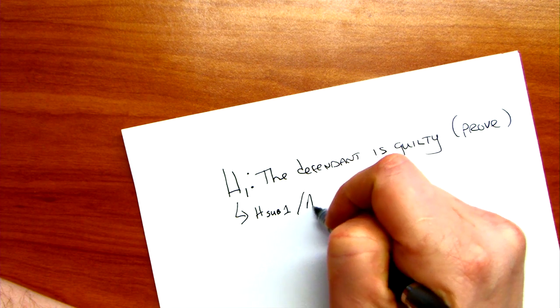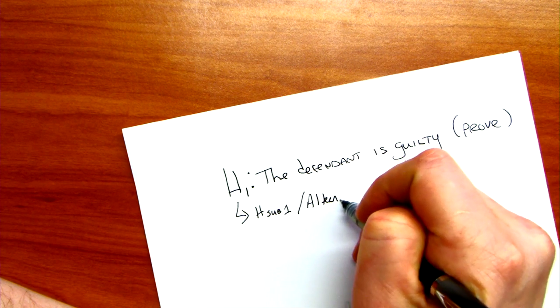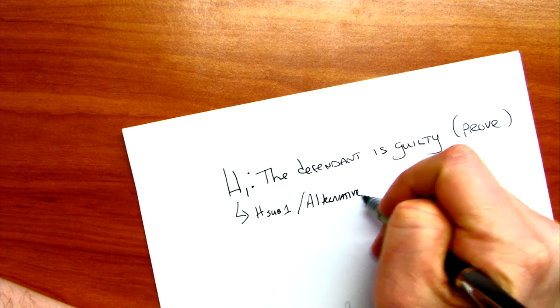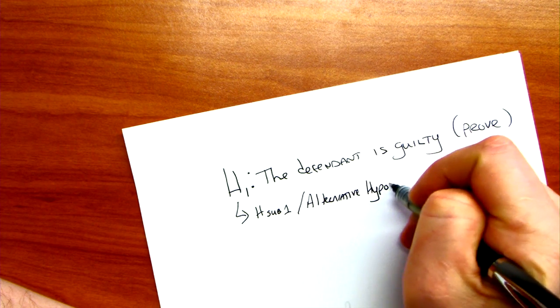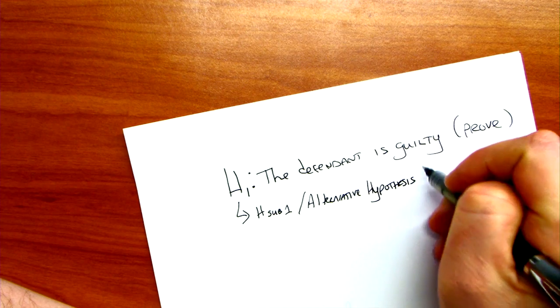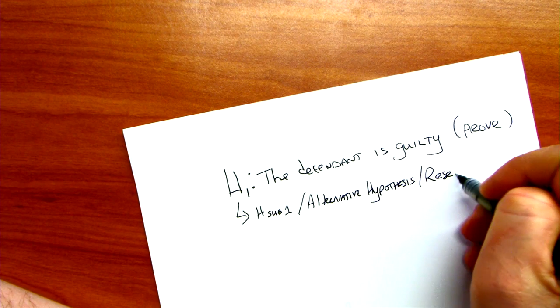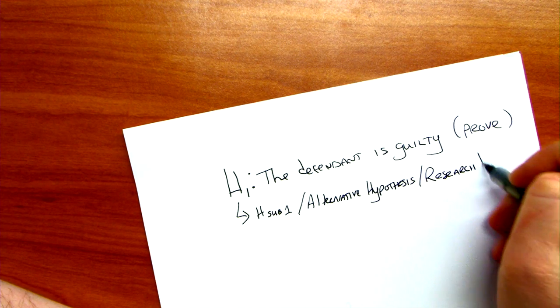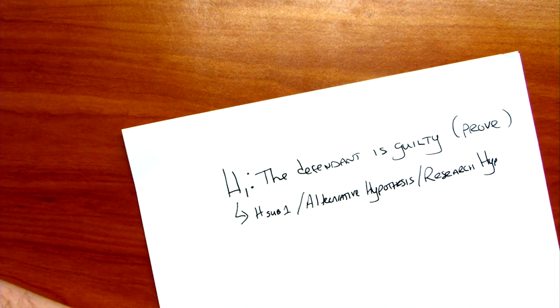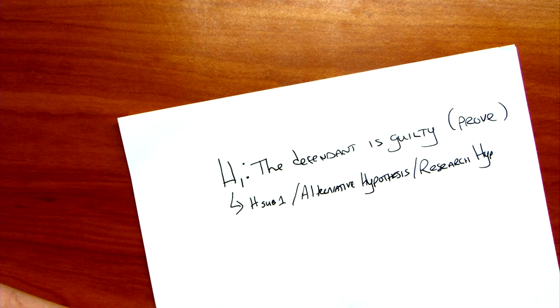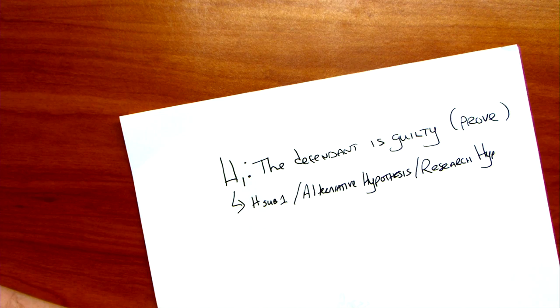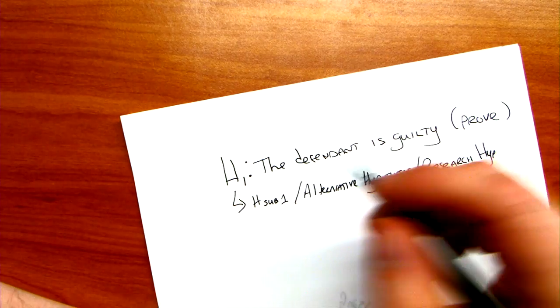It's also called the alternative hypothesis. And it's also called the research hypothesis. Because it is what we're trying to prove. H sub 1 is what we're trying to prove. Not approve, prove.